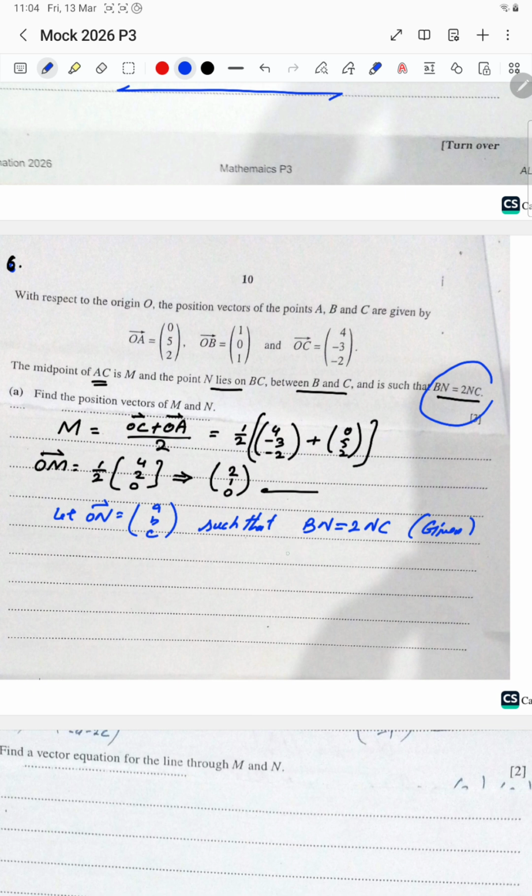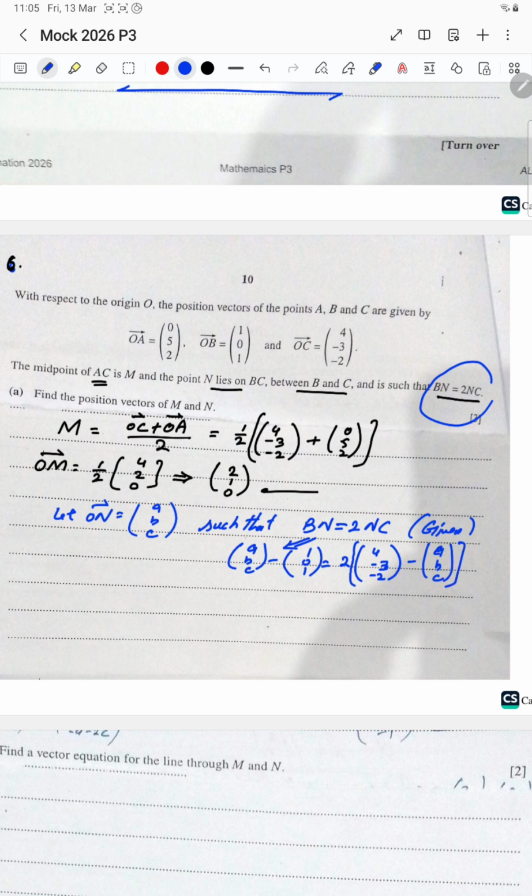So BN means ON minus OB, that is (a, b, c) minus (1, 0, 1), is equal to 2 times NC, meaning OC minus ON, which is (4, minus 3, minus 2), this is OC, minus (a, b, c).